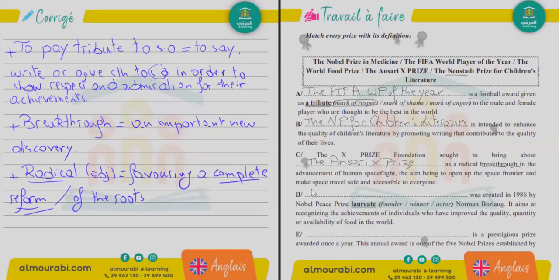That's evident that we are talking about the World Food Prize. Now that prize is given to laureates. Would you choose a synonym for laureate here? Is it founder, winner, or actor? The laureate. Winner, true.